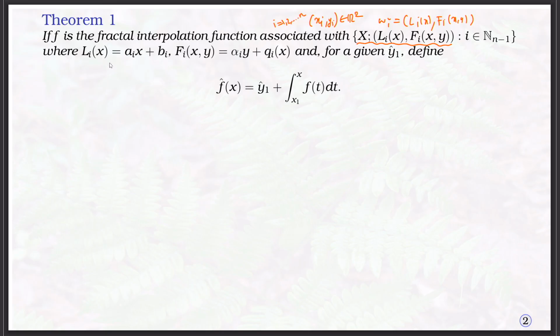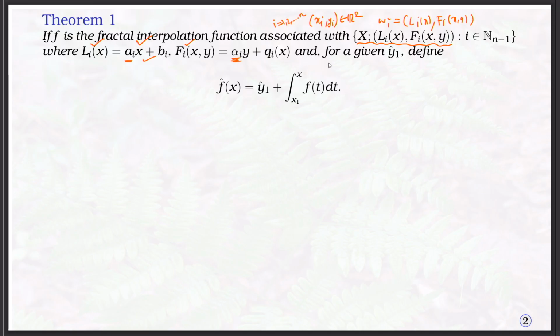Here we are taking the form of Li of x as ax plus bi and Fi of x as alpha i times y plus qi of x. This alpha i is the contraction of Fi, sorry, this alpha is the vertical scaling factor.